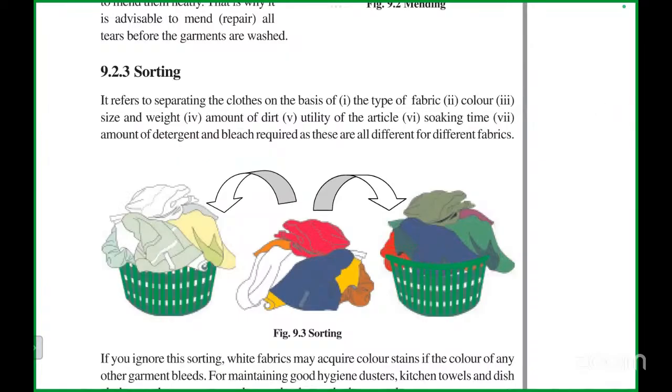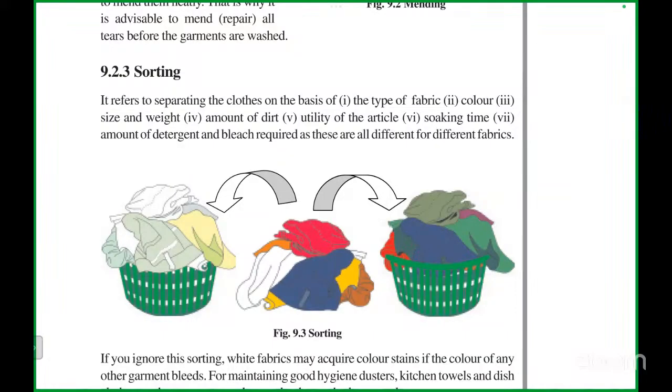Then there is sorting. Now, it refers to separating the clothes on the basis of the type of fabric, the color, the size, and weight, amount of dirt, utility of the article, their soaking time, amount of detergent and bleach required, as that is different for different fabrics. If you've seen, do you wash your white shirt with your colorful clothes?